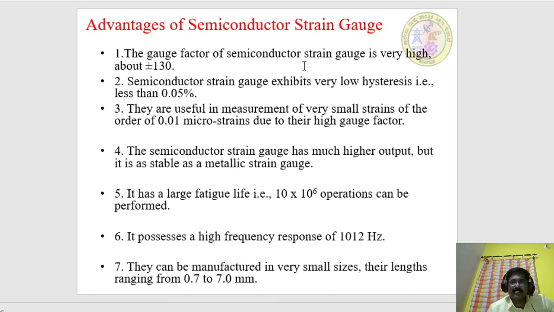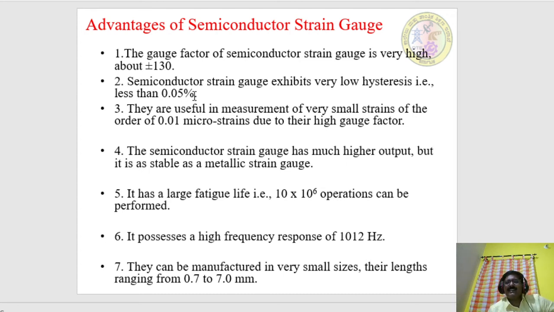Certain advantages of semiconductor strain gauges. First, the gauge factor of a semiconductor strain gauge is very high, about plus or minus 130, because a p-type semiconductor strain gauge exhibits a very good gauge factor up to 130. It exhibits a very low hysteresis, less than 0.05.